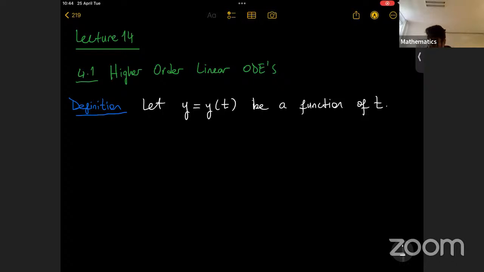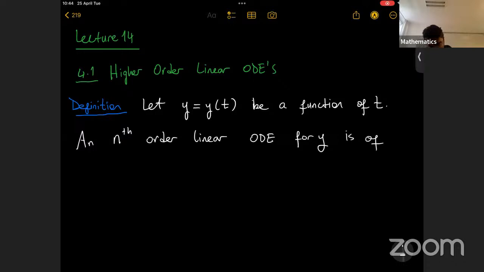An nth order linear ordinary differential equation for y is of the form: the nth derivative of y, so you have the nth derivative in the equation, plus a1(t), the coefficients are some functions of t, times the n minus 1 derivative.